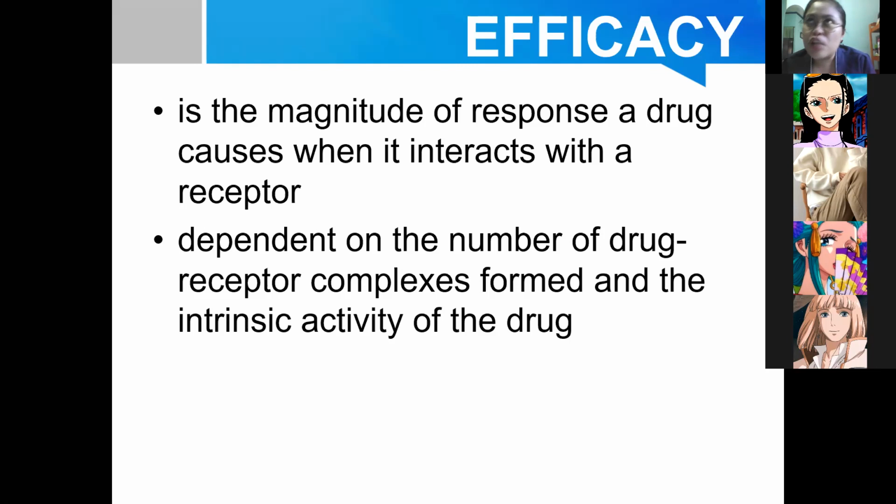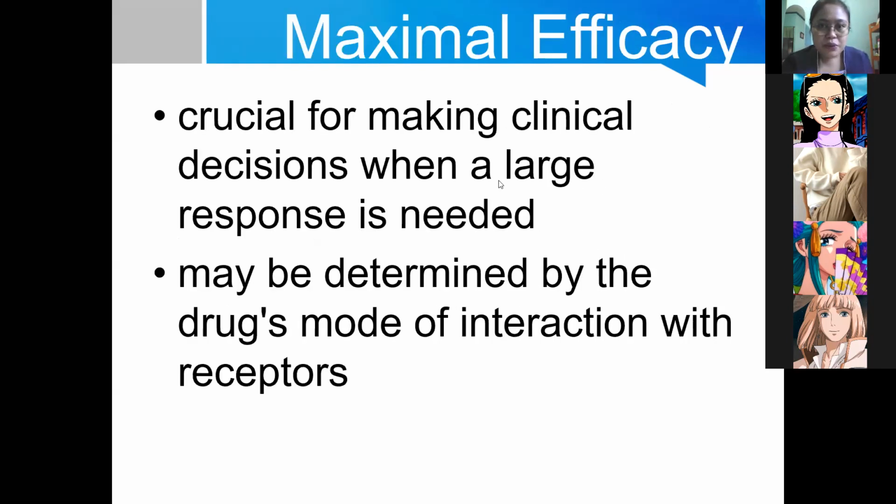Pero pag sudlan na nato siya dose, dito na to siya sa potency. So depende ni siya ang drug, depende sa iyahang mechanism of action, sa iyahang ka-effective. So ang maximal efficacy, this is very important to be considered when we make clinical decisions, kung unsa nga drug ang atong gamiton for the patient.